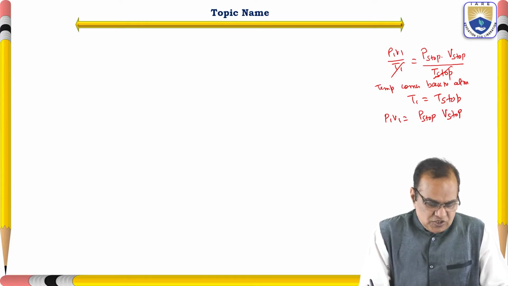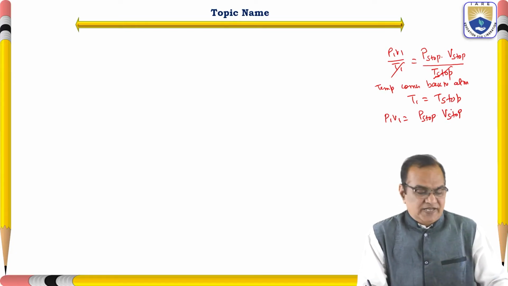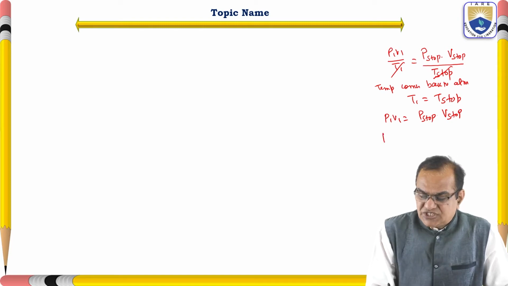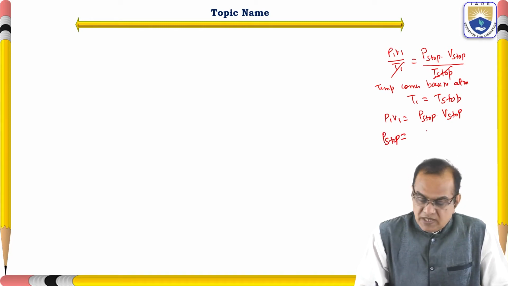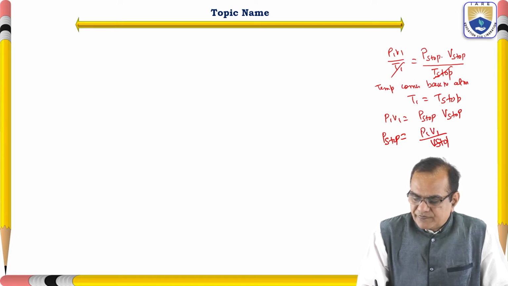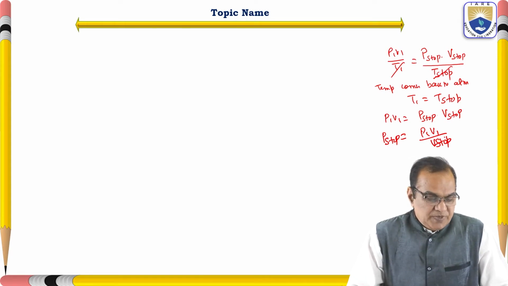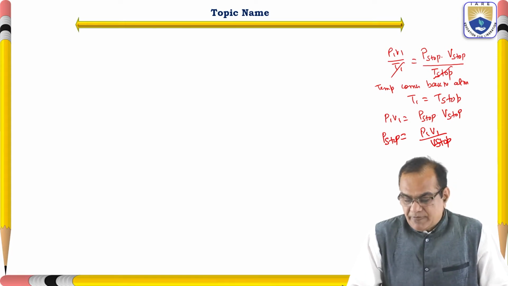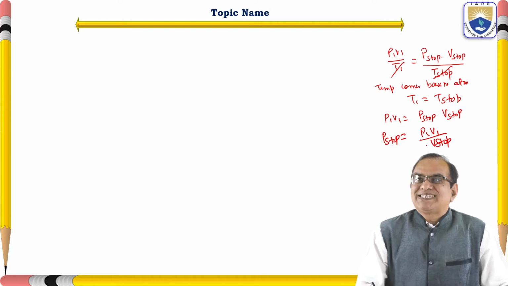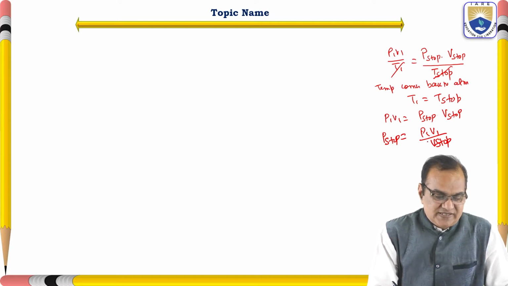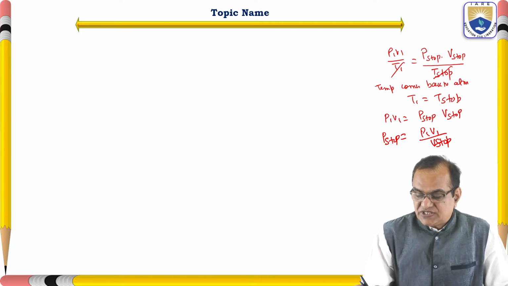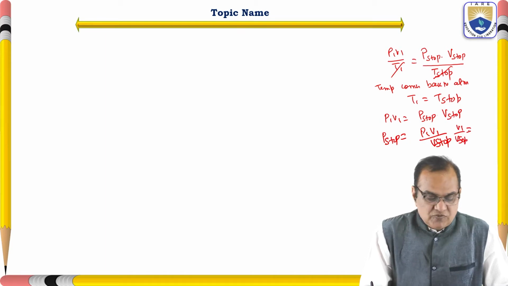So we will get here P1 V1 is equal to P stop into V stop. So we can find that now the P stop is equal to P1 V1 by V stop. So V1 by V stop is equal to 100 by 150.